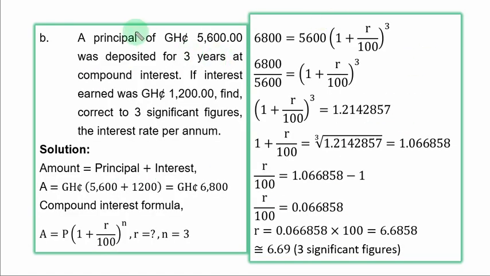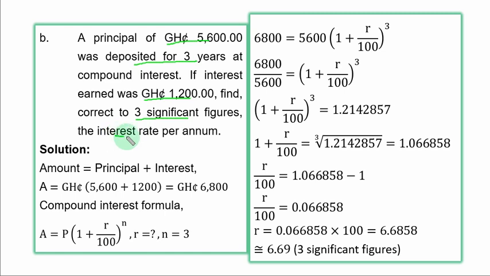Question 1B. A principal of 5,600 Ghana cedi was deposited for 3 years at compound interest. If interest earned was 1,200 Ghana cedi, find, correct to 3SF, the interest rate per annum.